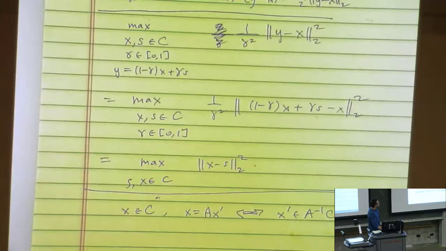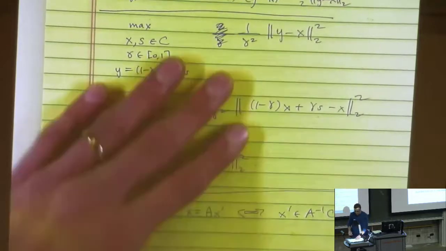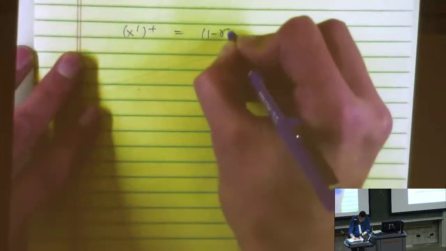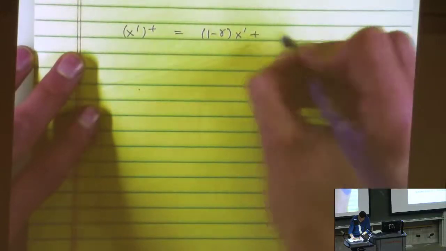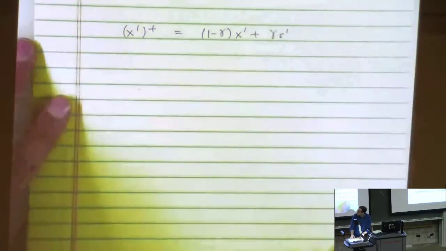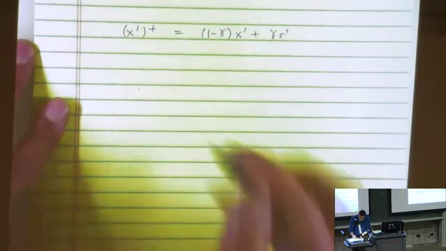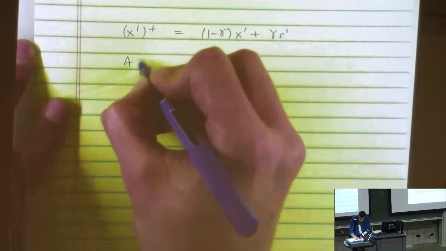So it turns out that this is in fact exactly the same as Frank-Wolfe on little f. Why? I can just think about multiplying by A, and I'll see that I get the same. If I multiply both sides of the update equation by A, then I get this.